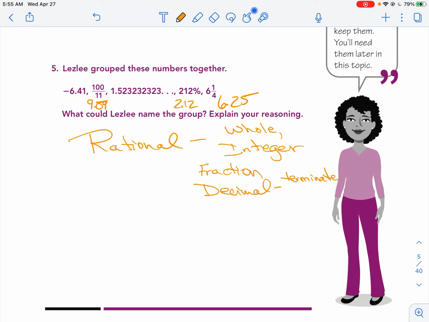That means it ends. Or repeating. It can also be the square root of a number that is a perfect square. And all of these numbers are under that category.